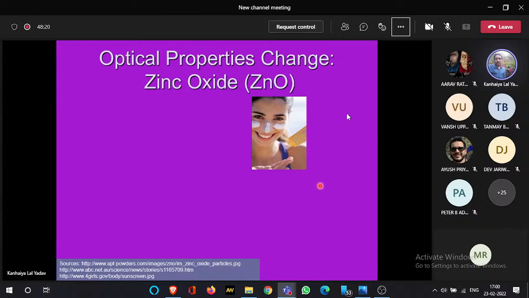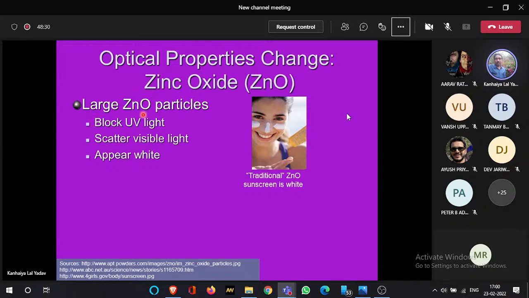So that is UV protection. Traditional zinc oxide sunscreen is white. Why? They block UV light, and they scatter visible light, so it appears white.